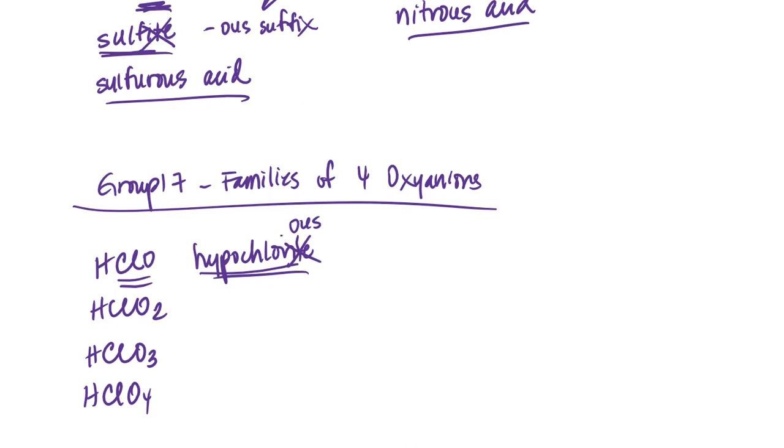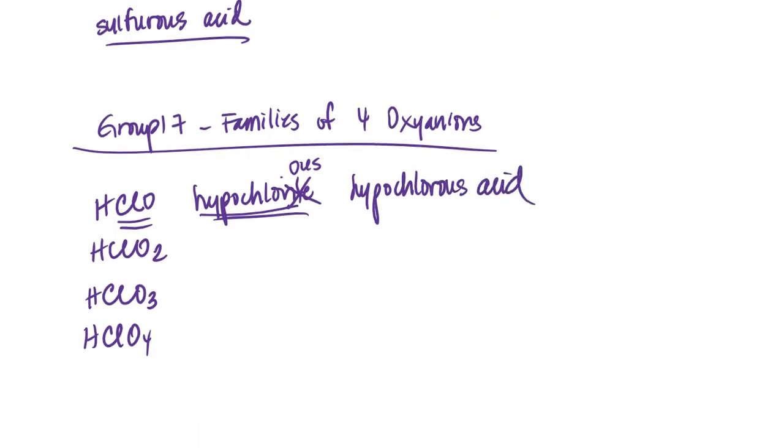And so that's going to give me the name hypochlorous acid. Okay. This oxyanion, ClO2-, would actually be the chlorite anion, and so I would refer to that as chlorous acid.